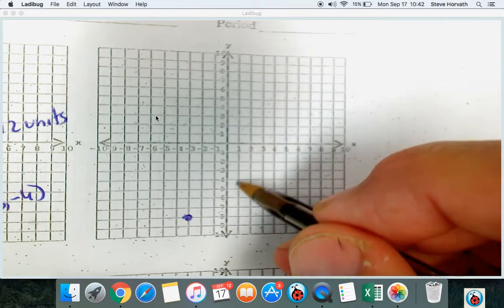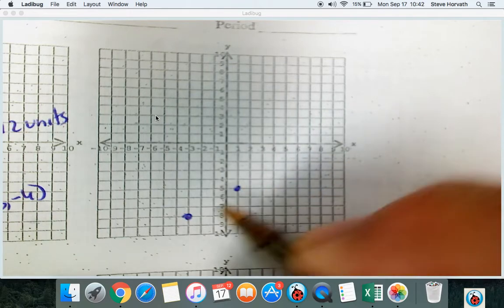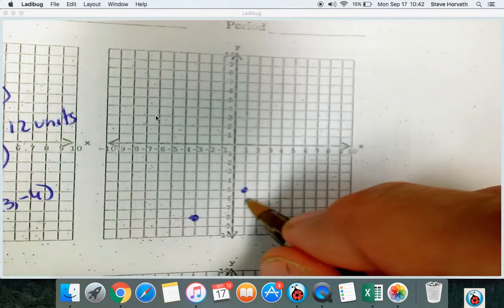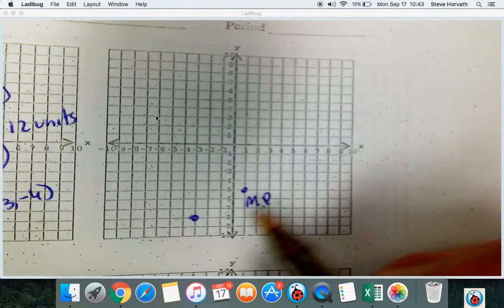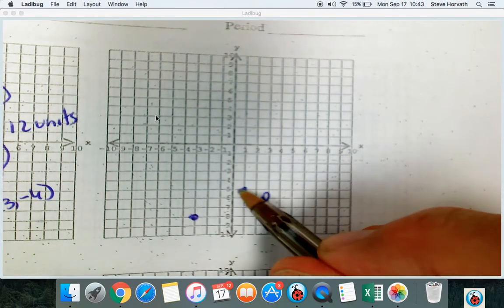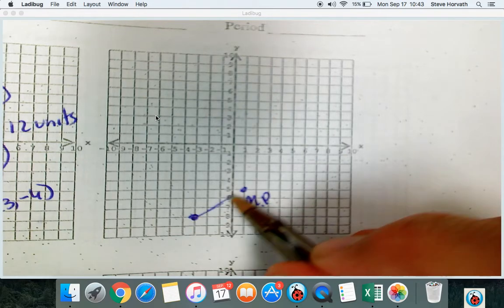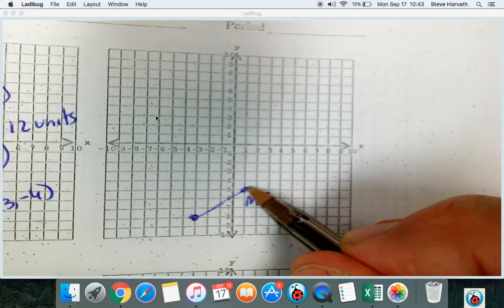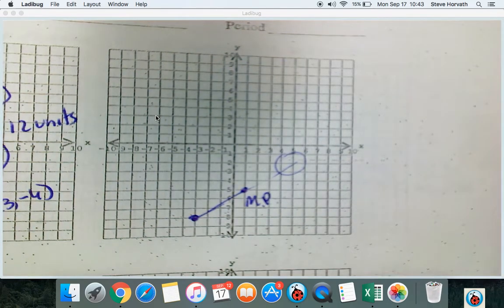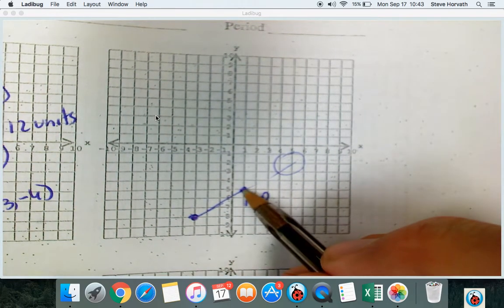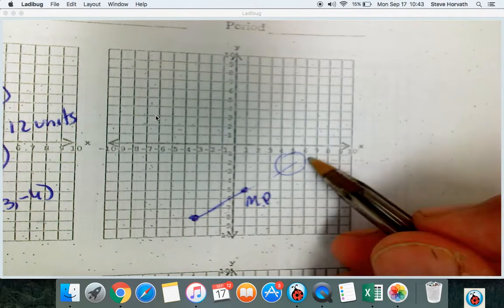So I'm going to go 1, -5, which is right there. Okay, so remember, this is the midpoint of a line segment. Well, if this is the end and this is the middle, then the line has to be halfway, which means the other half has to be somewhere around here. All right, if this is the midpoint, just double this line.